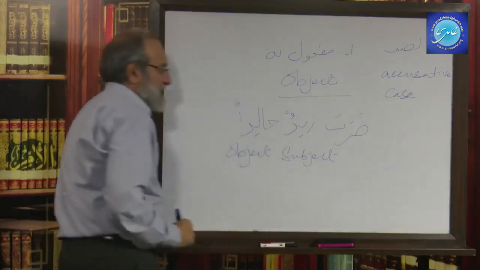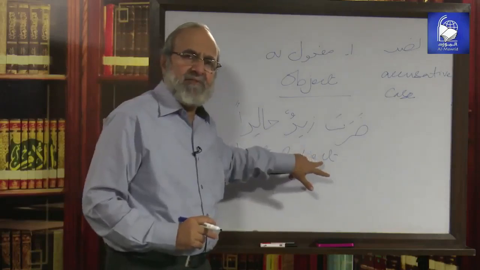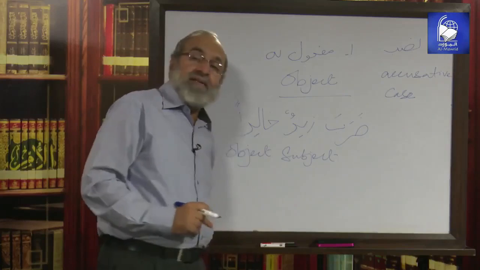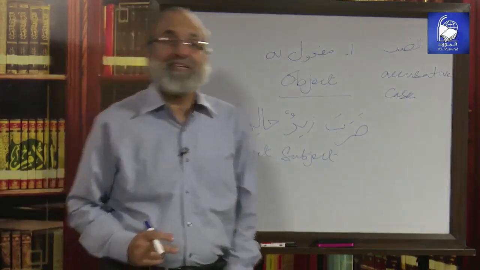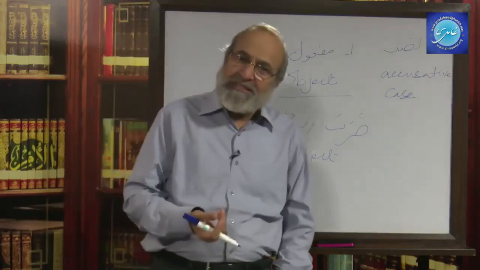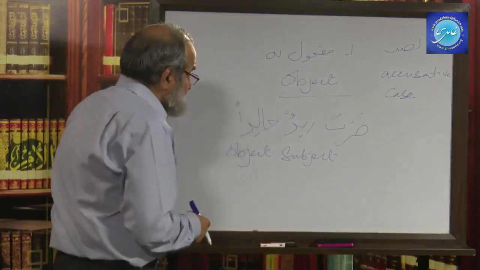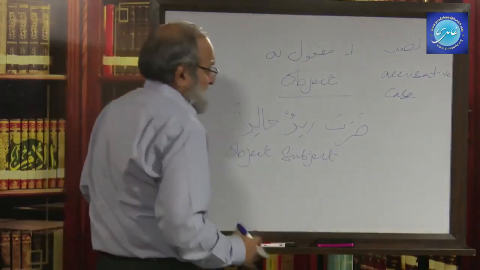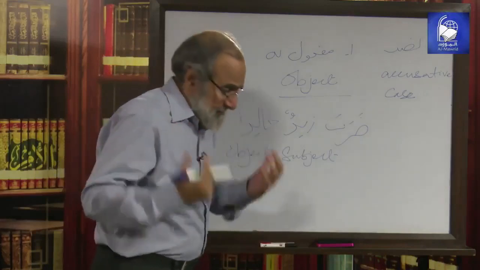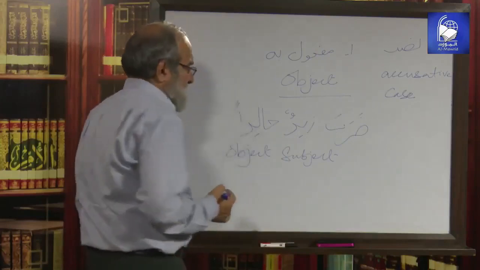And Daraba is a verb. Because it's a subject, Zaid is taking the form of Rafa, and Khalidan is the one who was beaten up, is the one that has taken the position of an object, and therefore it is in the Nasab form. That is as simple as that. And as I said, that's the most frequently appearing reason for a noun to take the form of Nasab.